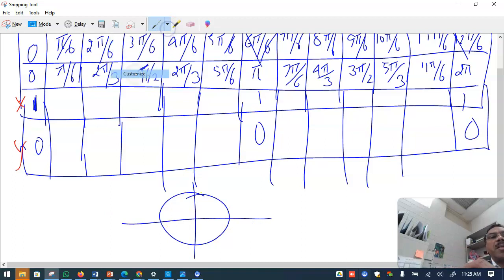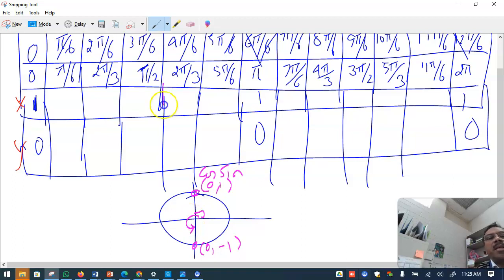Pi by 2 is 90 degrees, this one, so that's the angle. This is 0 and 1, where the first is cosine and the second is sine. Over here it is 0 and minus 1, and that's 3 pi by 2.